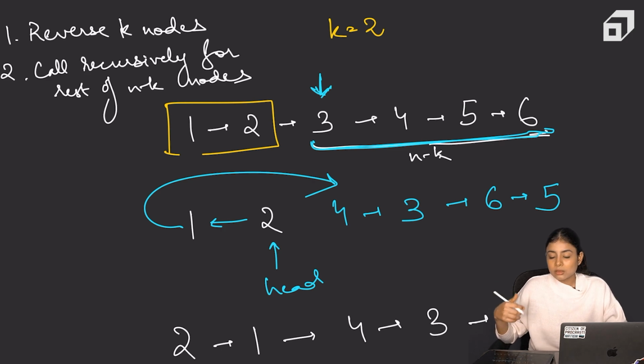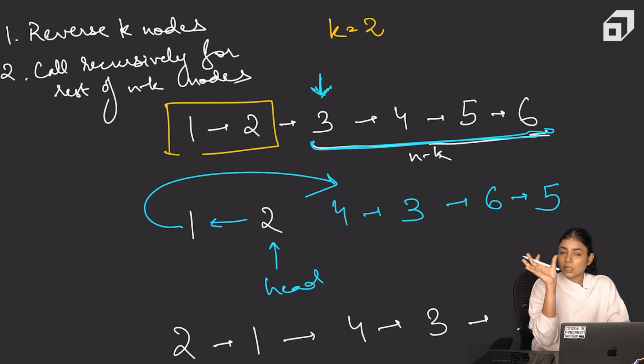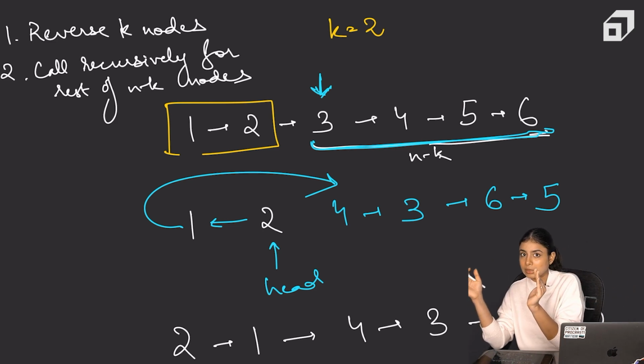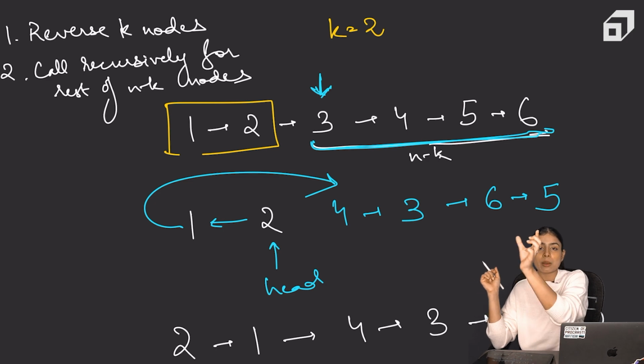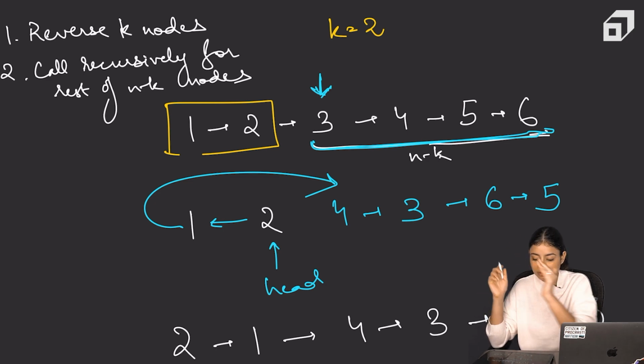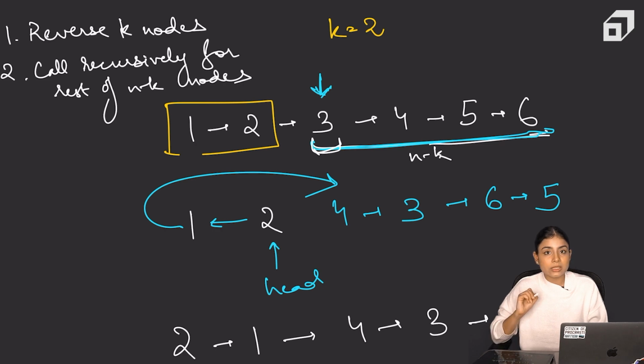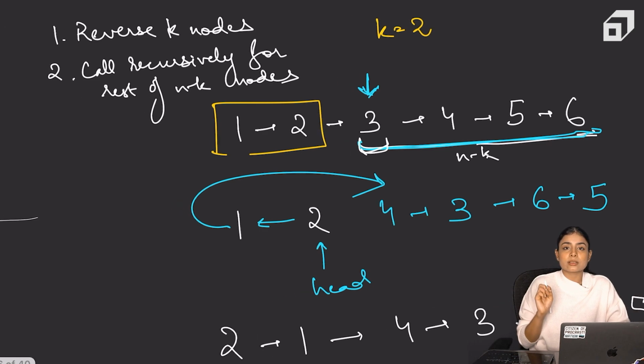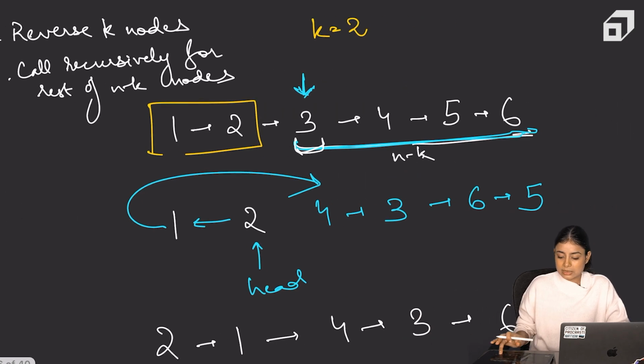By passing the head of the rest of the list. What would be the head of the rest of the list? That would be basically the k plus 1th node. First k nodes we have reversed. In the rest of the linked list, the head node would be the k plus 1th node, for example 3 in this case. So we'll pass that as the head and get the result of the rest of the n minus k nodes.